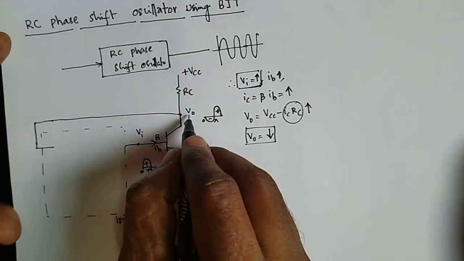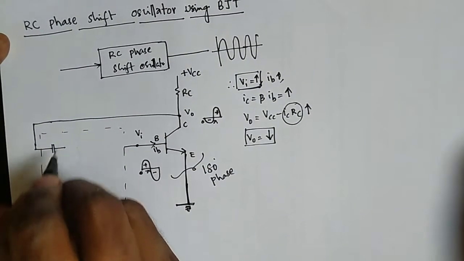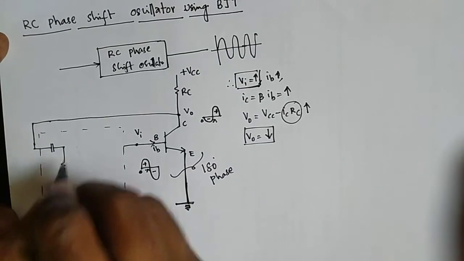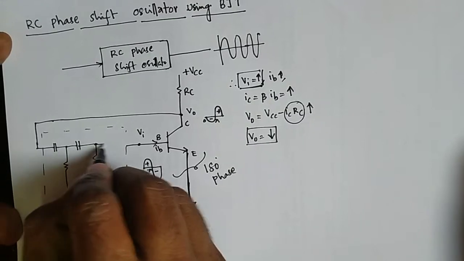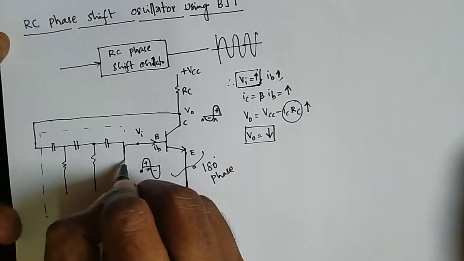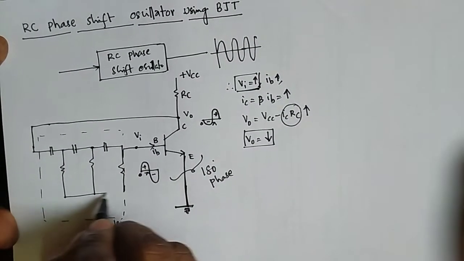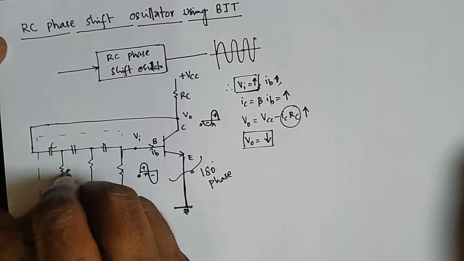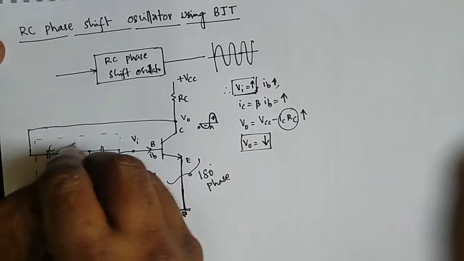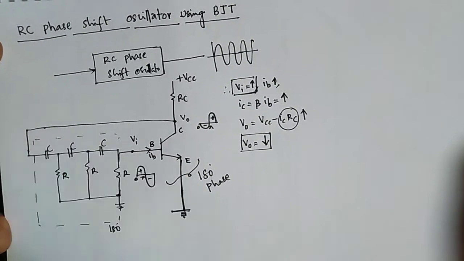So that output is connected to input. You are using resistor and capacitor. Resistor and capacitor. So that is the resistor, capacitor, resistor, capacitor, resistor, capacitor.